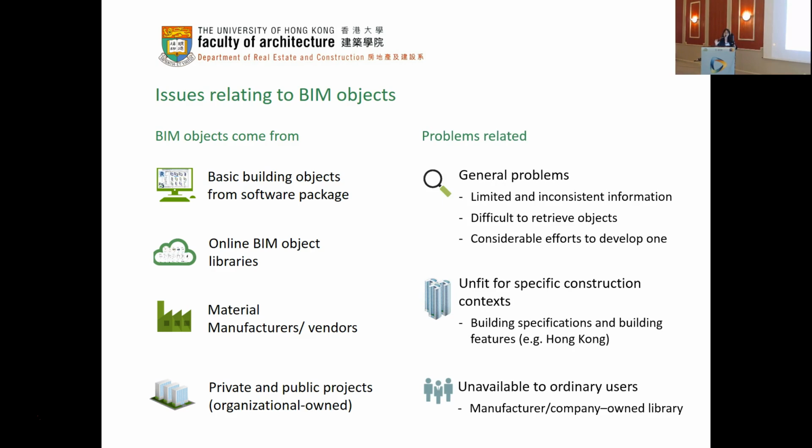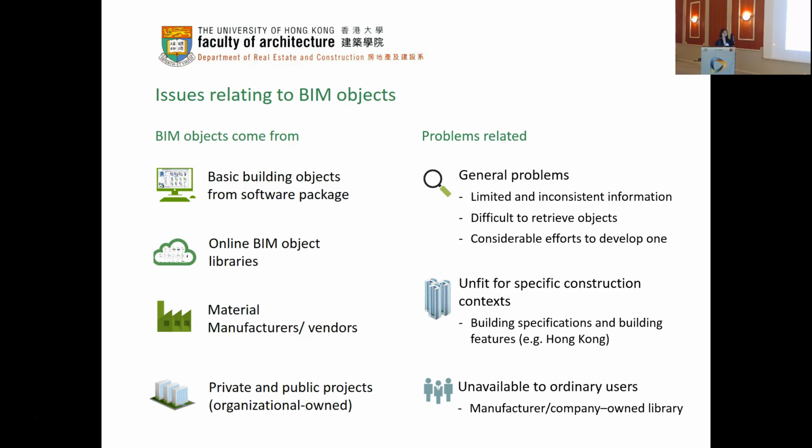But here are some problems identified. These acquired objects lack sufficient information for BIM design, and this information is not fit for the specific construction context, such as Hong Kong. Hong Kong is full of skyscrapers, which are very tall, and it adopts the British standard. This information isn't considered in these existing BIM objects.